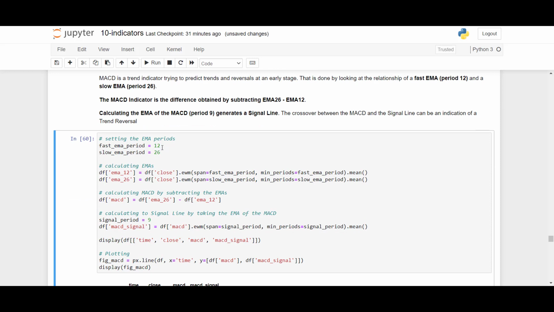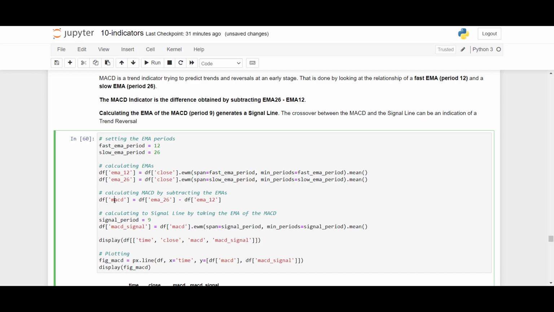So to calculate the EMA, we've done that in example 2. We just set the fast EMA period to 12 and the slow EMA period to 26. So here, this is the calculation of the EMA. This is nothing new for us now. And the MACD is the difference. So we take EMA 26 and subtract EMA 12 from that.